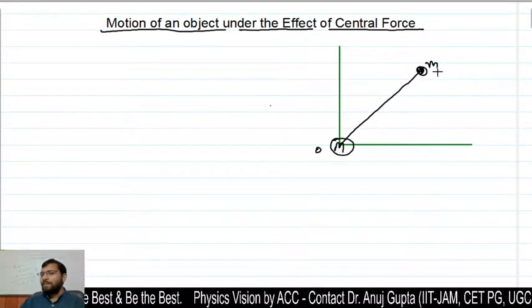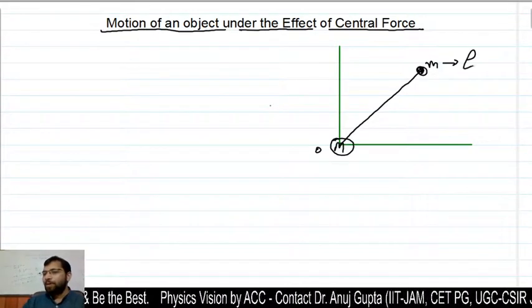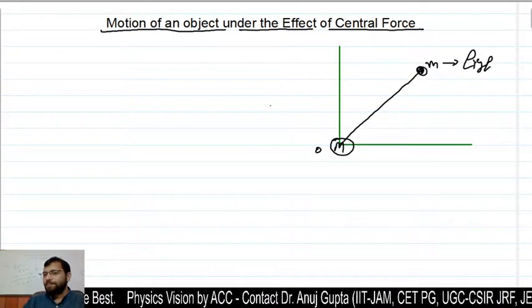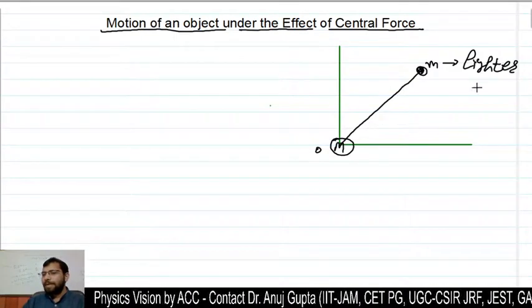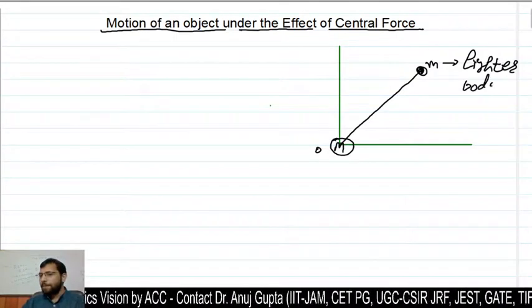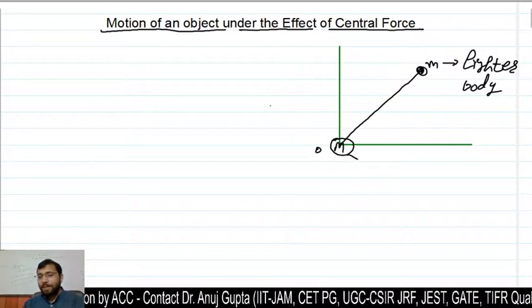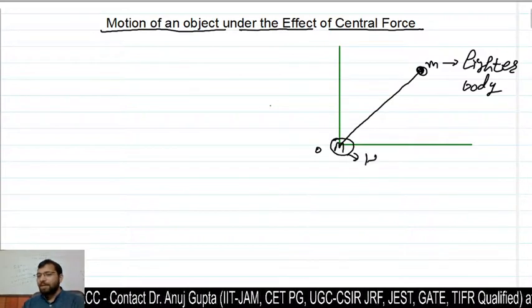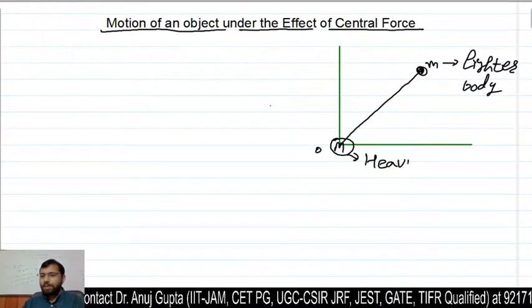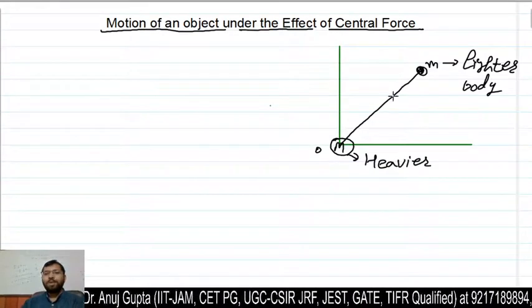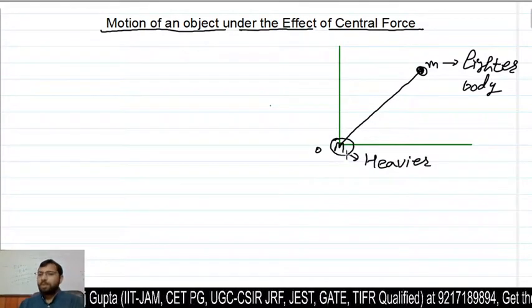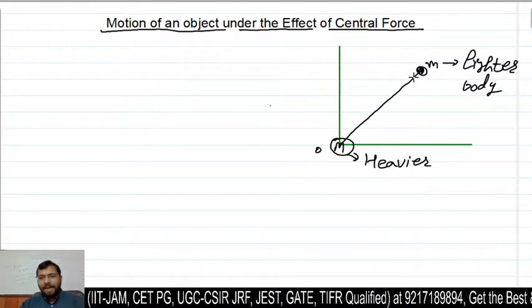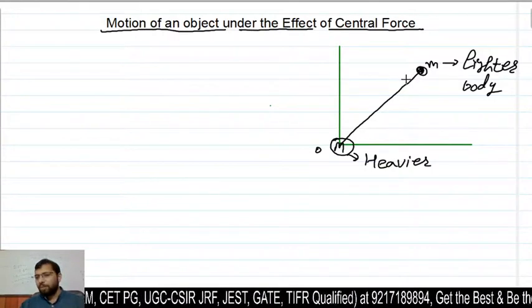Small m represents the lighter body. And what is capital M? Capital M represents the heavier body. So it's a two-body system.